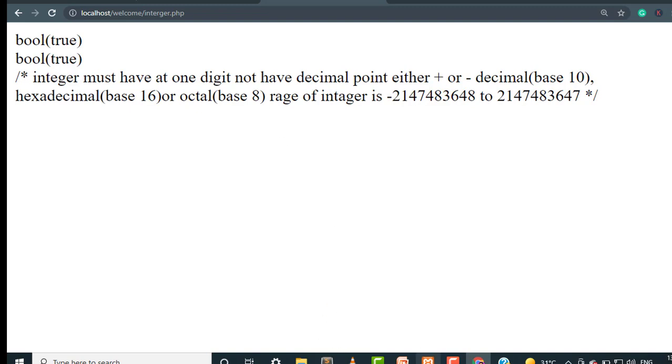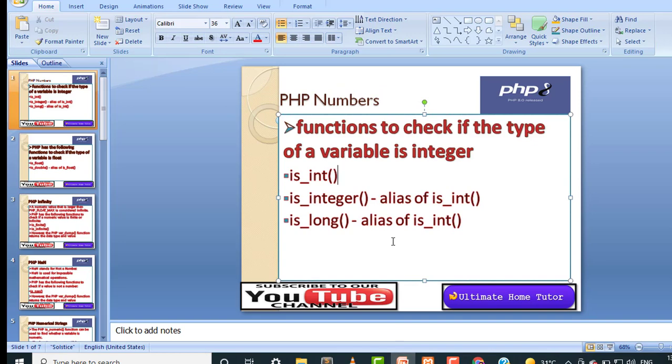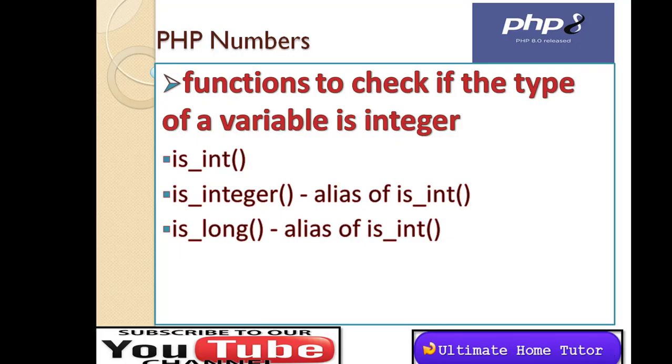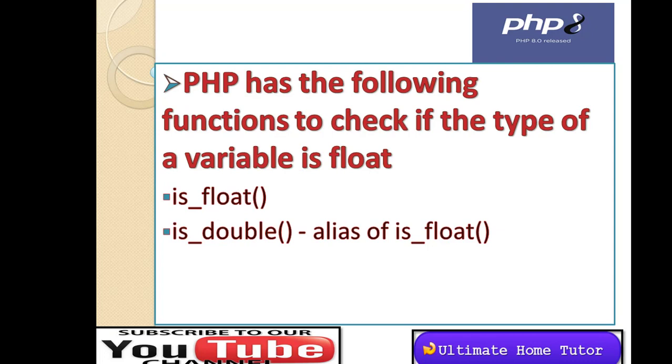Then we'll discuss other important things. Like is_int and is_long, we have discussed today. Then for floating type, we also discuss this. A float number is a number having a decimal point.